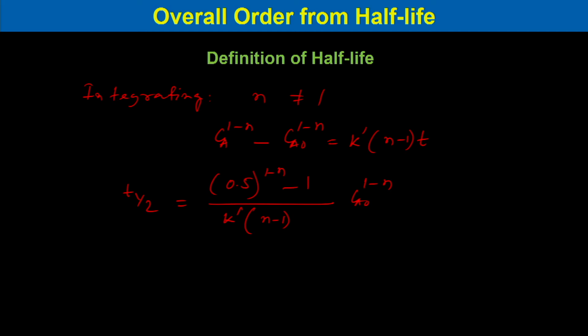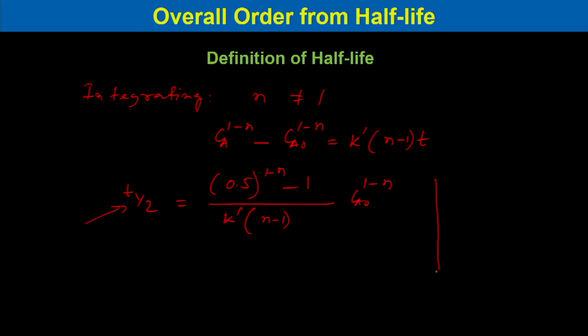So, the concentration of the reactants which was initially present is reduced to half of its value, and the time taken to reach that value is the half life. So, half life is defined with T half.